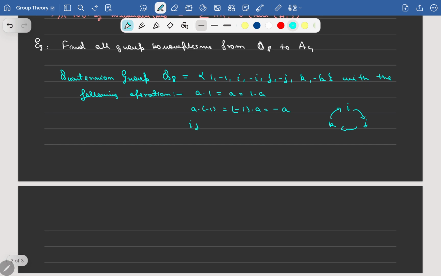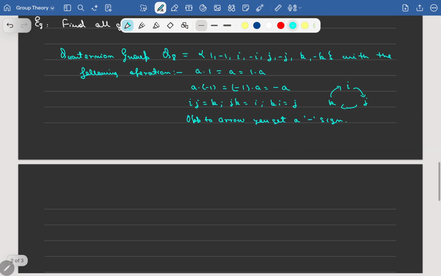So you have ij to be k, jk to be i, and ki to be j, and opposite to the arrow you get a minus sign. So it's not a commutative group; this minus actually indicates a direction here.